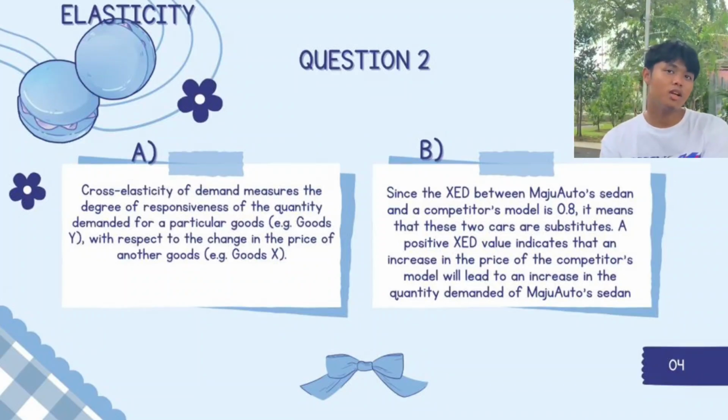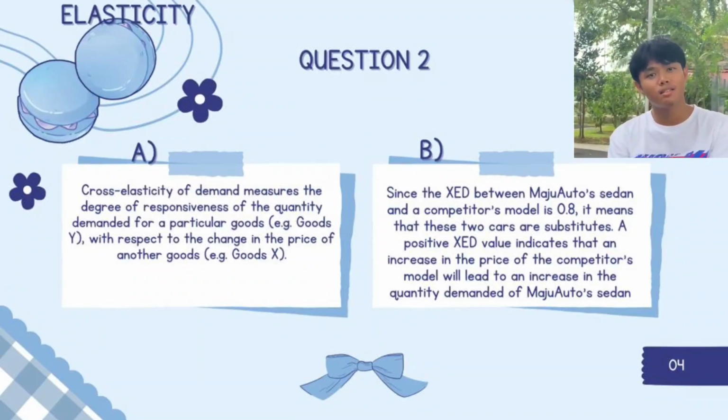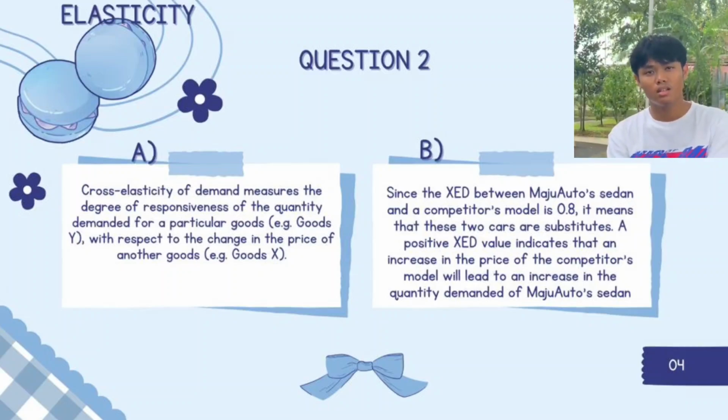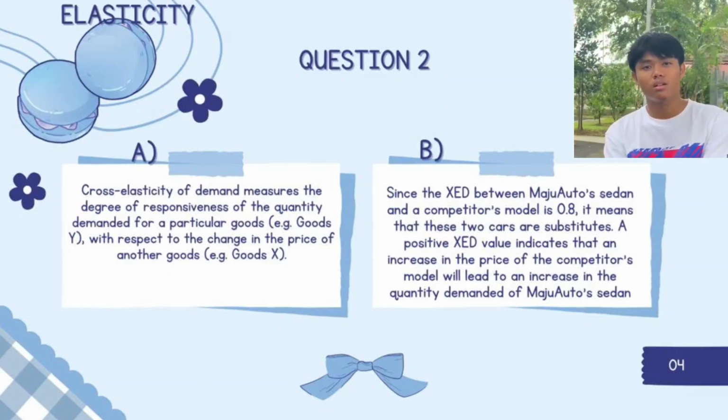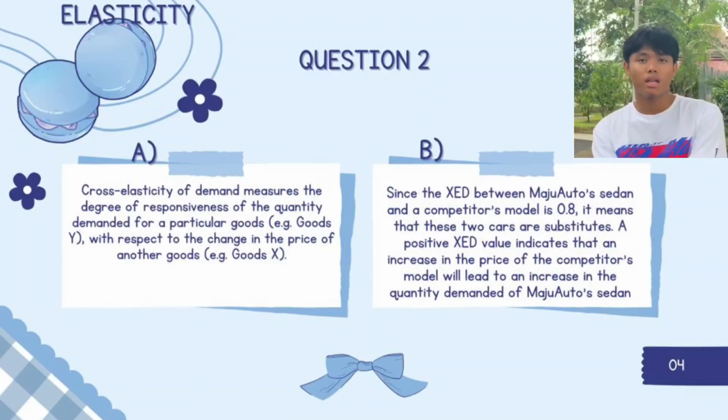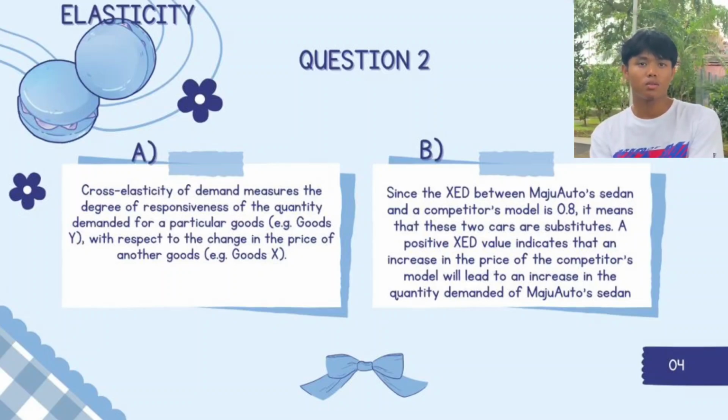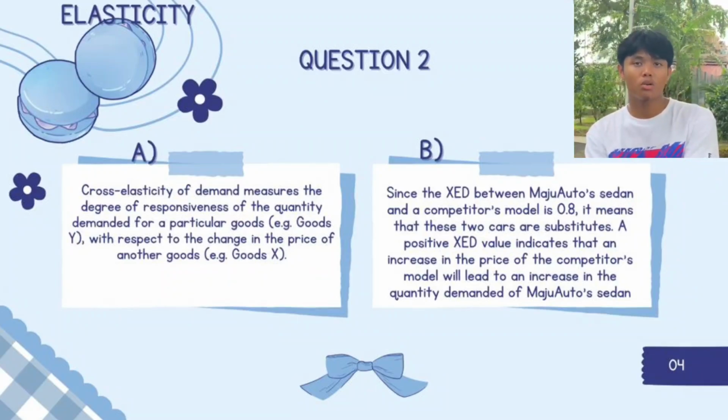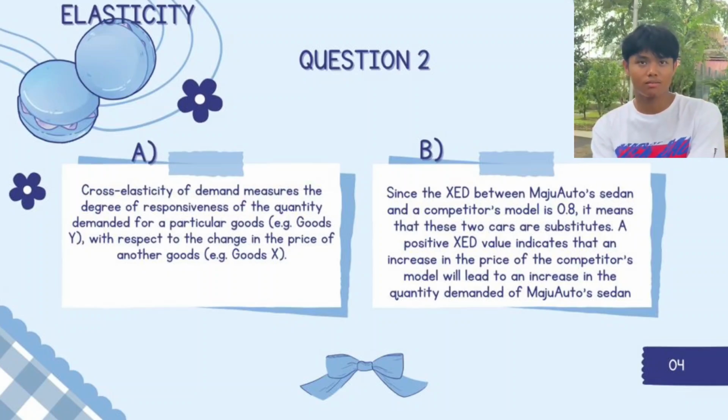A positive XED value indicates that an increase in price of the competitor model will lead to an increase of quantity demanded for Maju Auto Sedan. That's all.